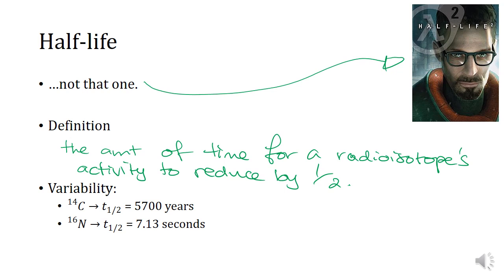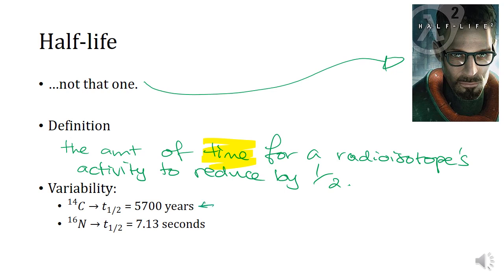So half-lives are a time. Now, there is massive variability in the half-lives. I just did carbon and nitrogen because they're next to each other on a periodic table, so it was really easy for me to look up this information.